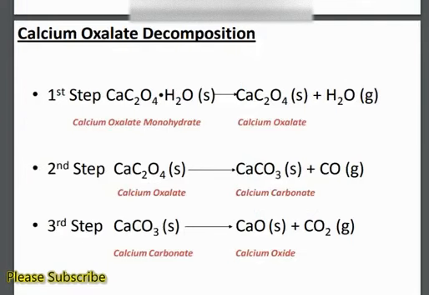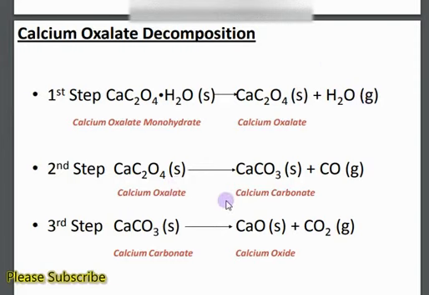Now we will discuss a case study of calcium oxalate decomposition, how the calcium oxalate decomposition occurs in the TGA machine while we heat this material. In the first step, calcium oxalate monohydrate transforms into calcium oxalate and water is evaporated.